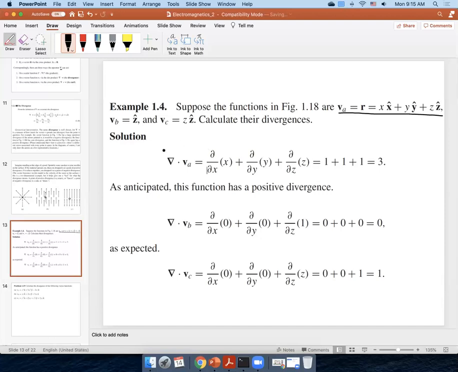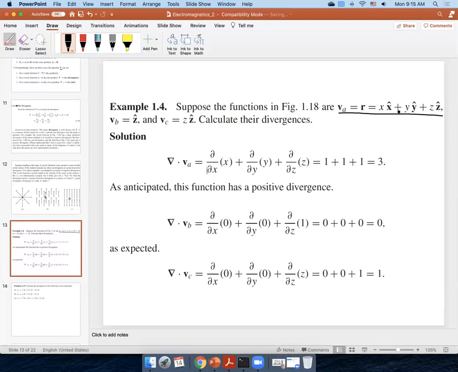It's very simple. Del dot VA is partial x, partial y, partial z, because the function is too simple.